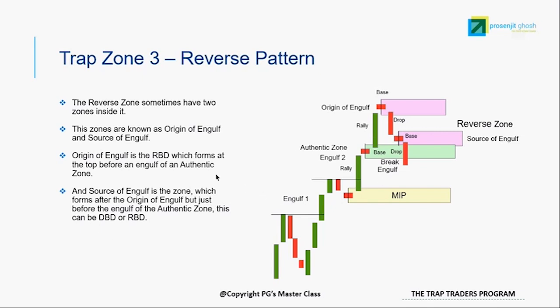So when I have two zones in a reverse zone, what will I do? I have two options. Both these places are very nice places to take a short trade.